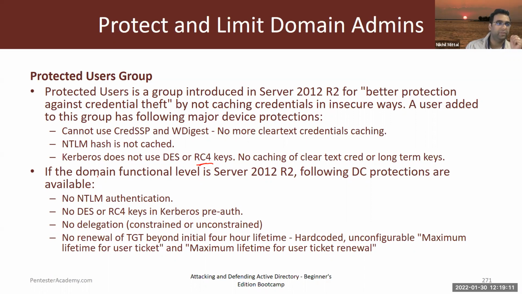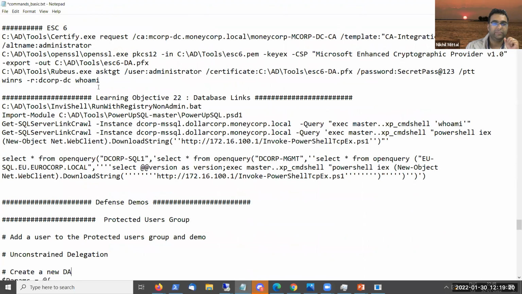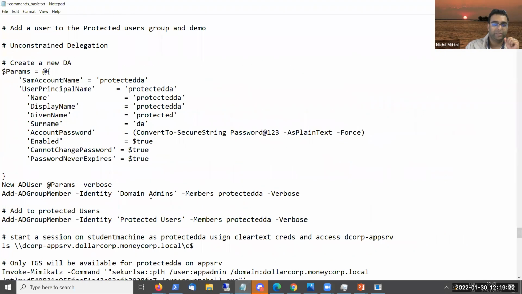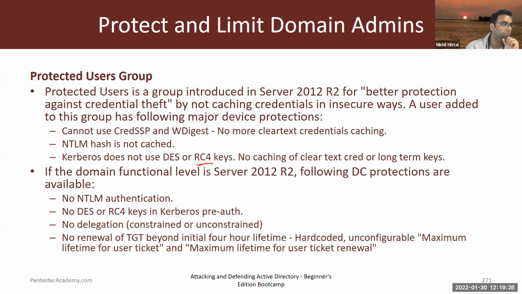All right. For example, I actually had a demo for that in my cheat sheet for the protected users group. Unfortunately, we are a bit short of time, but I will still explain what this is.